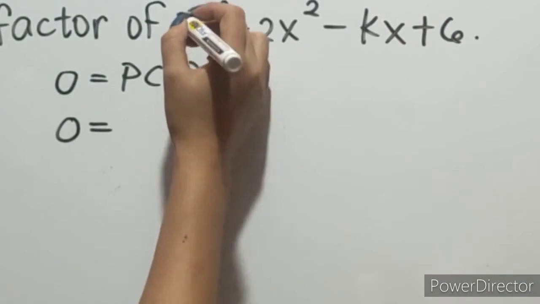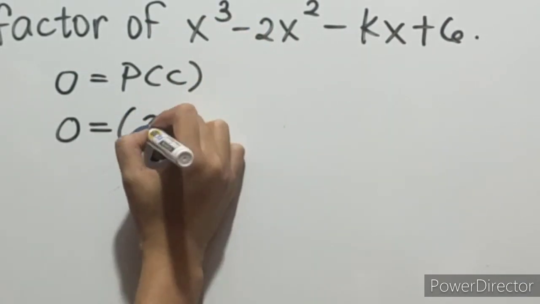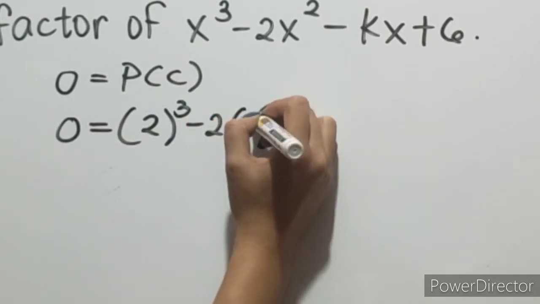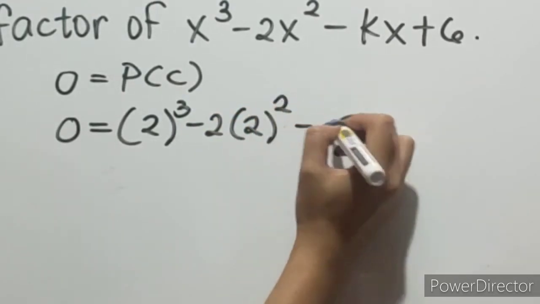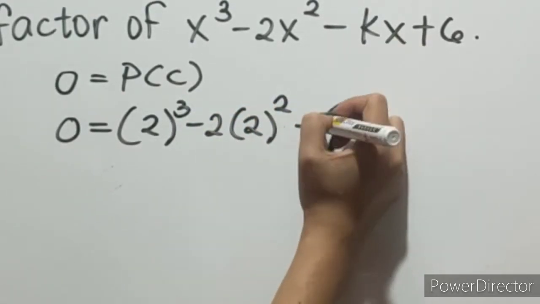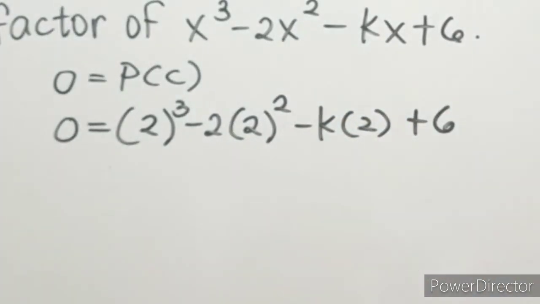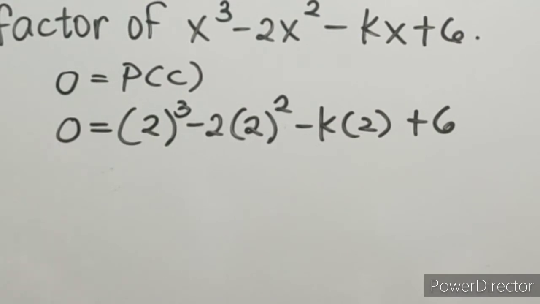So, isa-substitute natin dito sa ating formula. So, 2 cubed minus 2 times 2 squared minus yung k, yan yung hinahanap natin, and then times 2 plus 6. Again, this is 0 because yung ating divisor daw ay factor ng ating polynomial.